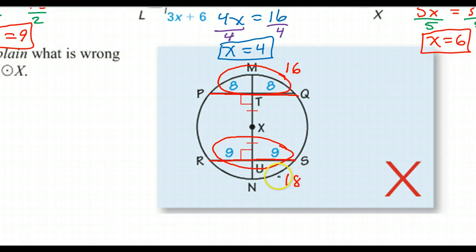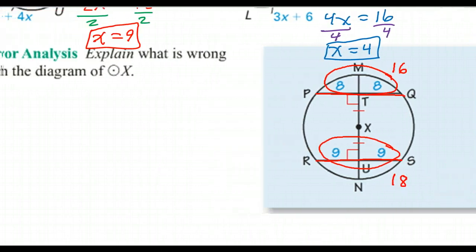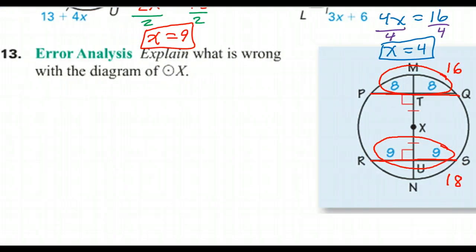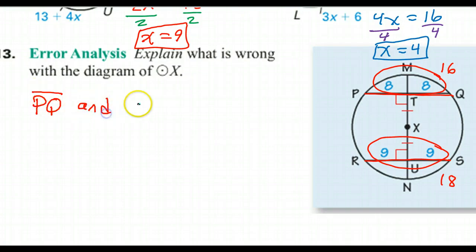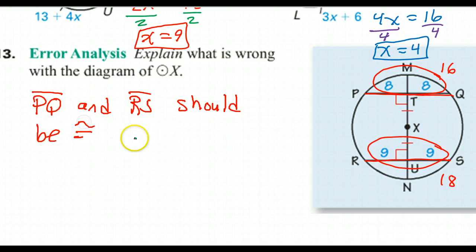So they should be the same. So that is what's wrong with this picture. Segment PQ and segment RS should be congruent, but they are not.